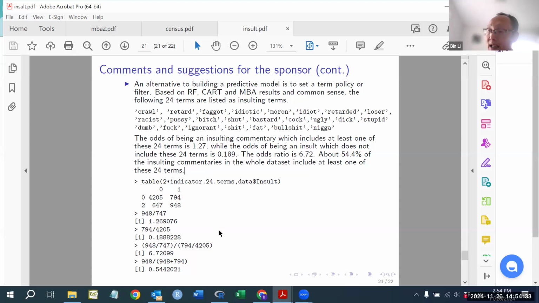Because it's simple, we only have these 24 terms. And its effectiveness, the odds ratio, is much higher. So that means the discriminating power based on these 24 words is almost 7 times higher than for comments without them. Okay, and also it covers over 50% of the insulting comments. Okay, so that shows an alternative approach.